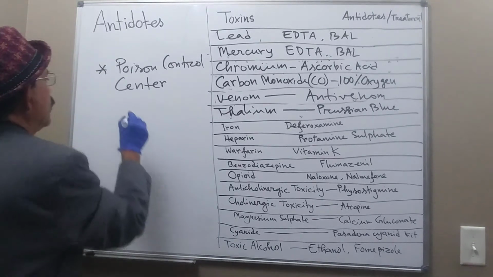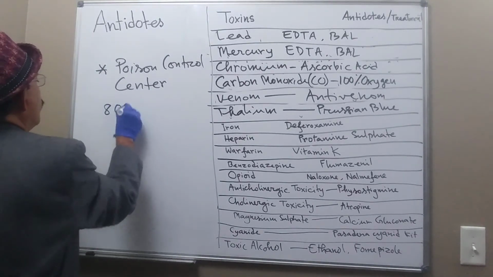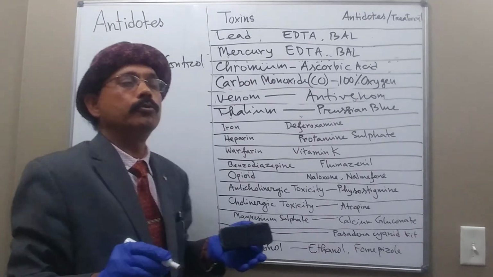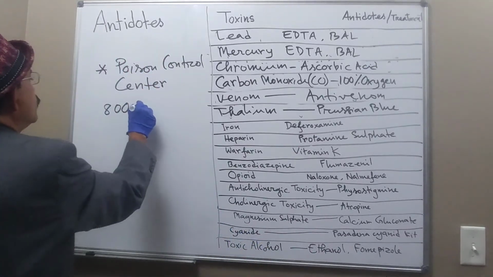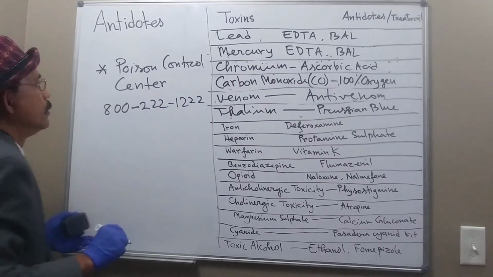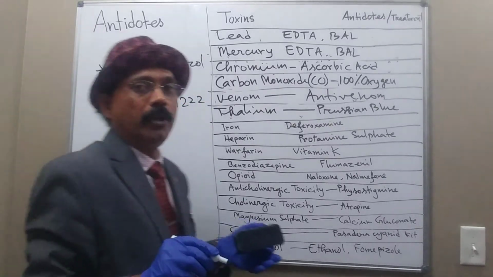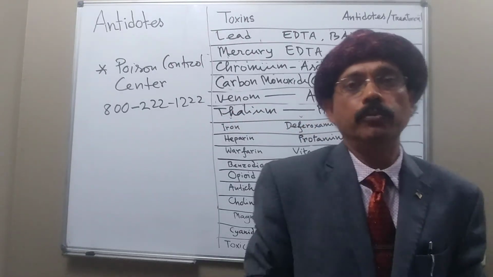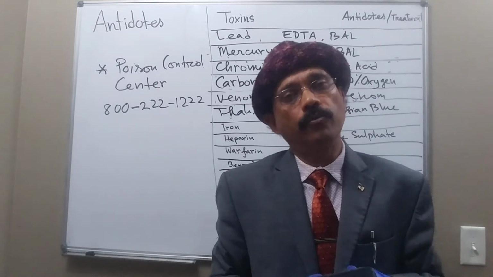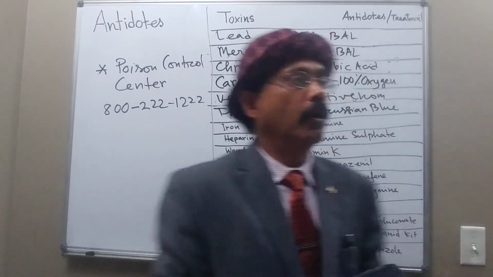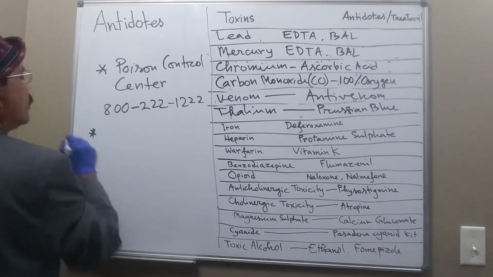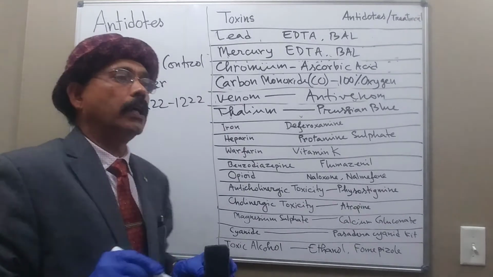Their telephone number is 800-222-1222. The Poison Control Center is a good source to consult with an expert individual, especially a medical toxicologist. Another source to consult is Chemtrec.